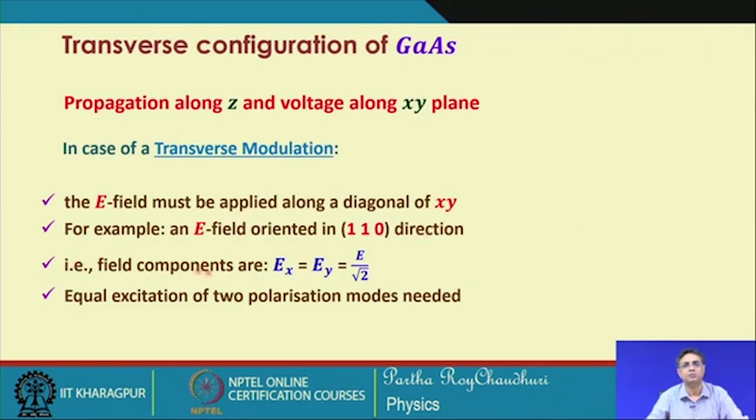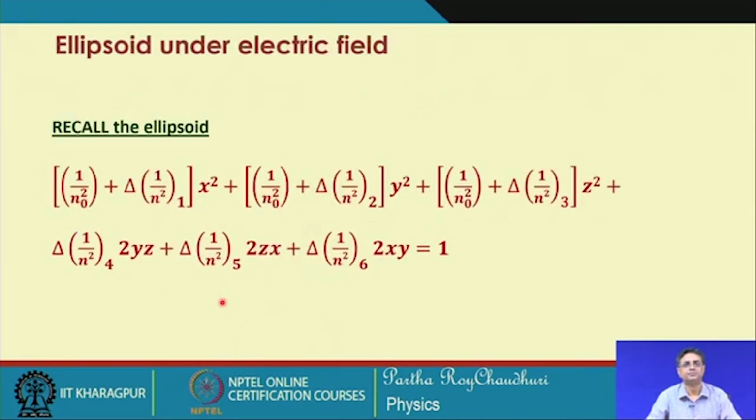So, the electric field components along x and y will be at 45 degree inclination. So, it will be E over root 2 for both of them, which are equal amplitudes. So, that is, equal excitation of the two polarization modes is needed to work with this transverse modulation of this electro-optic system using this gallium arsenide, an isotropic material.